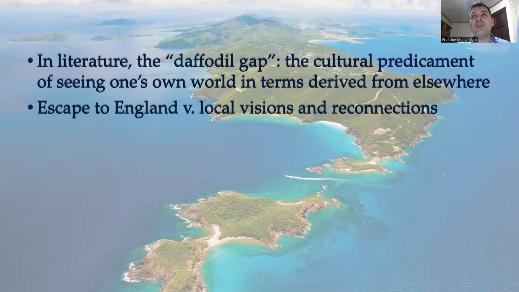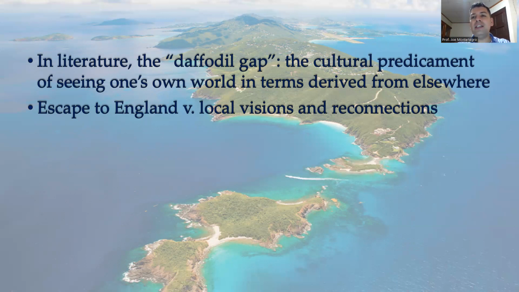Another concept that we find in Caribbean literature is this opposition between the escape to England, because many authors actually write from that position of going to England, and I'm talking here particularly about English-speaking Caribbean countries that were colonized by the British.